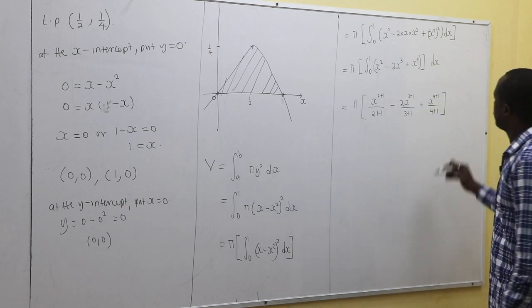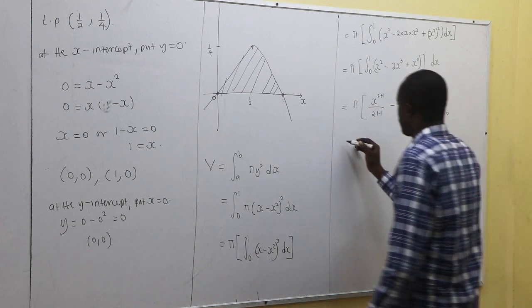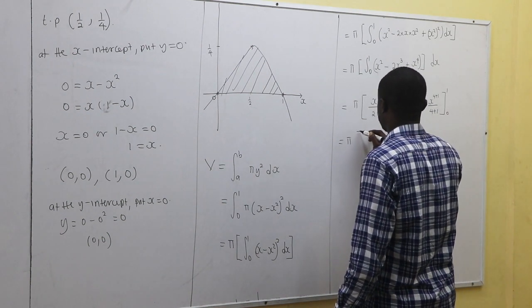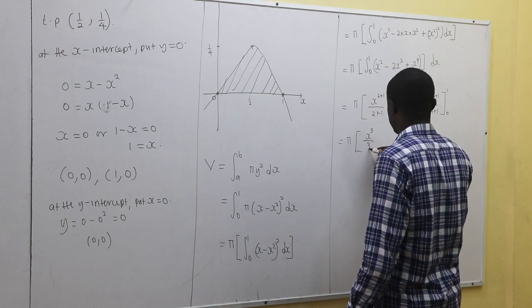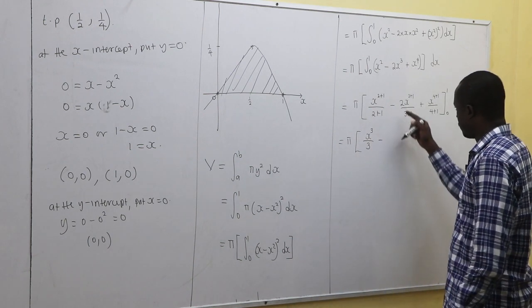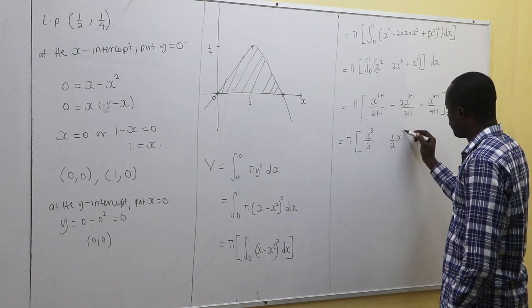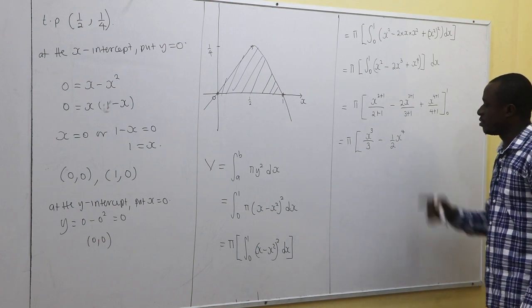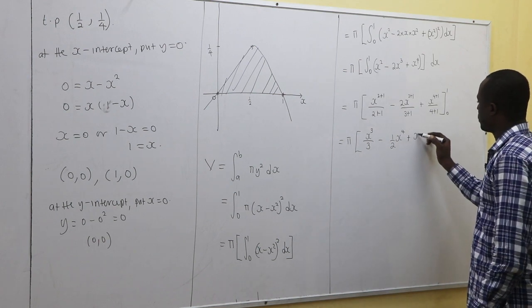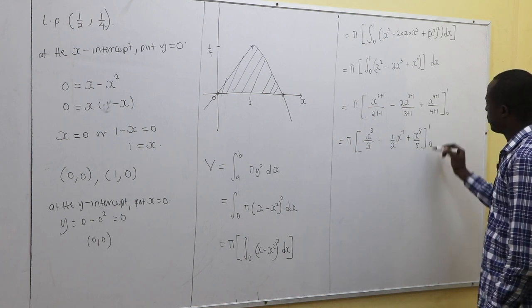Now the upper limit is 1 and the lower limit is 0. So we have pi times x cubed over 3 minus, since 2 over 4, 1 over 2 x to the power 4, then plus x to the power 5 over 5, from 0 to 1.